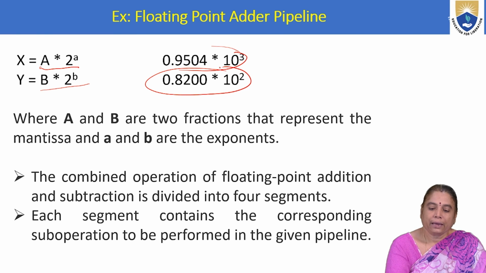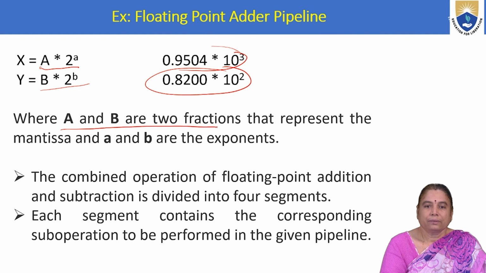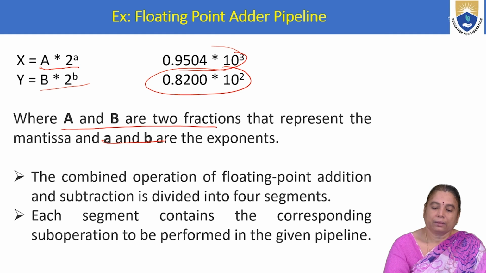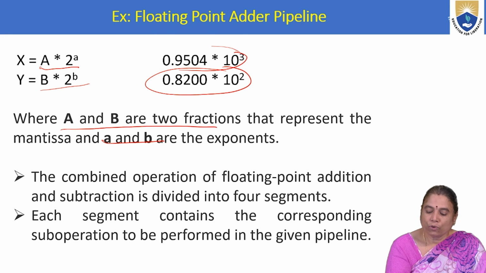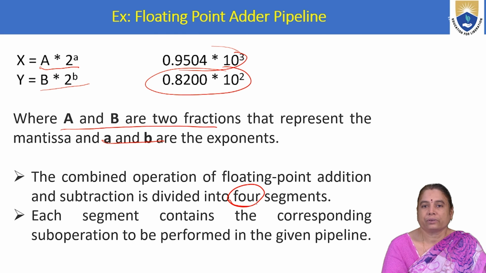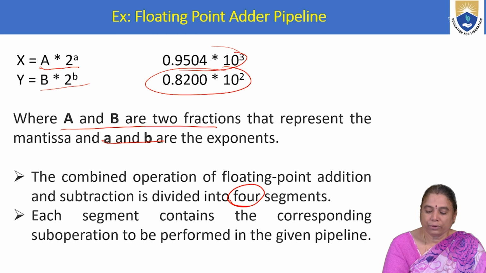The capital A and capital B are the mantissas, small a and small b are the exponents considered in the example. So the combined operation of floating point addition and subtraction is divided into 4 segments.